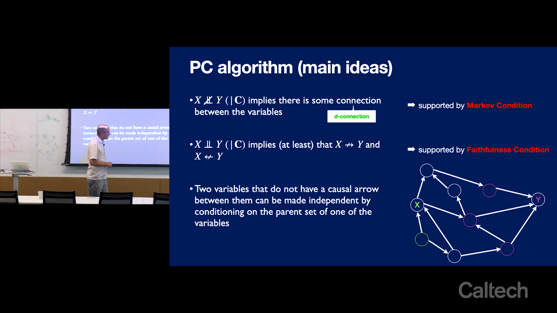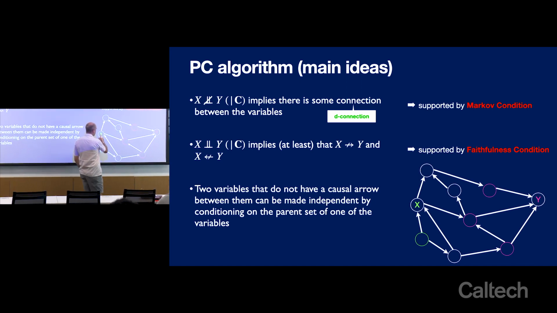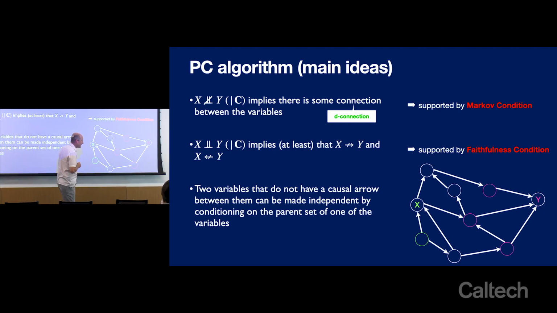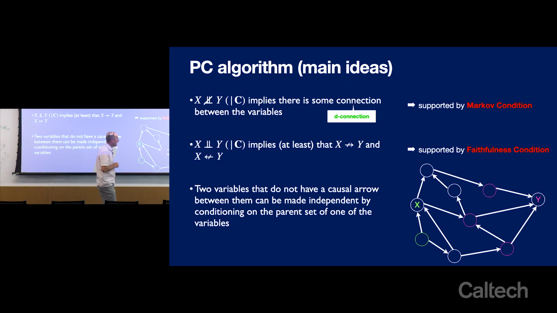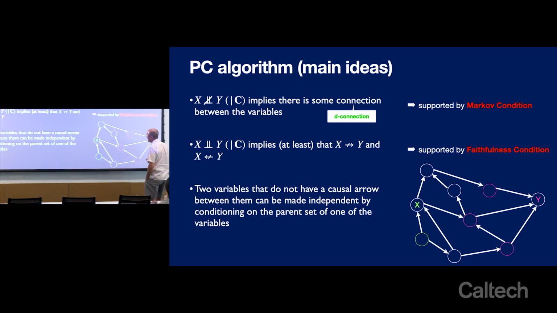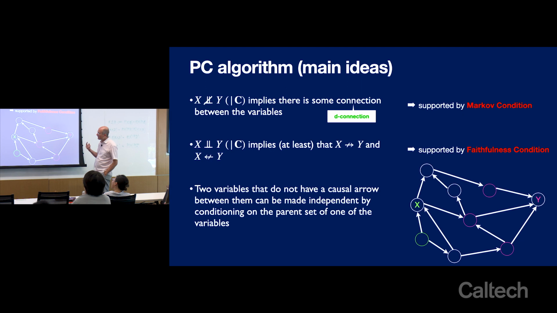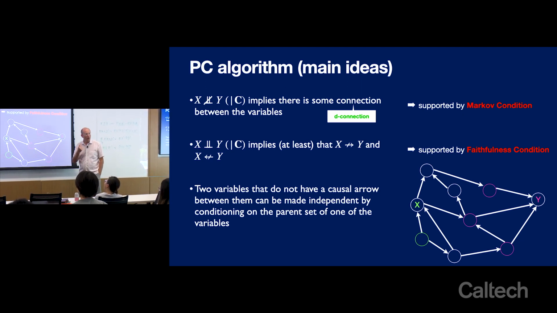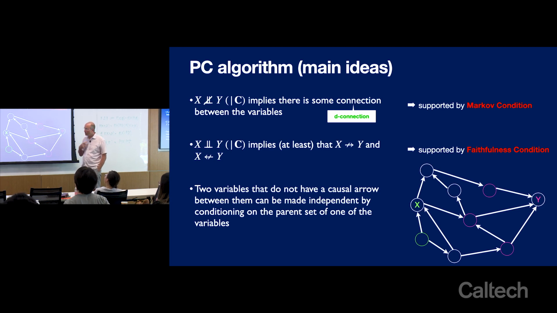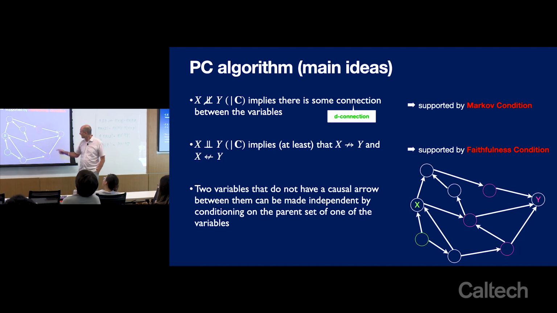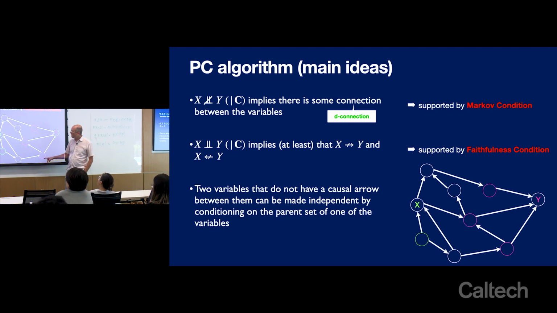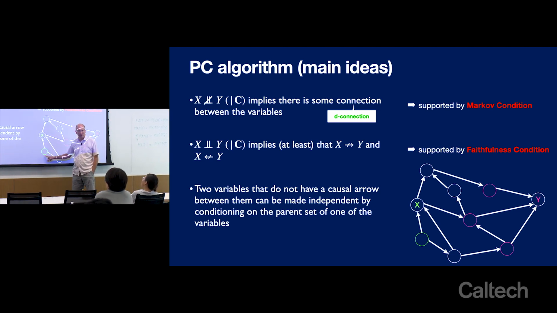Look at my graph again. If I want to say that these two variables can be made independent of one another, then I can ask, well, how can I make them independent of one another? The claim is that I can make them independent of one another by conditioning on one of their parent sets. Now, who are the parents in the graph? The parents are the obvious things in the graph. They're like one arrow up. So the parents of the magenta y are the magenta circles here, right? And the parents of the green x is the green parent here, right?